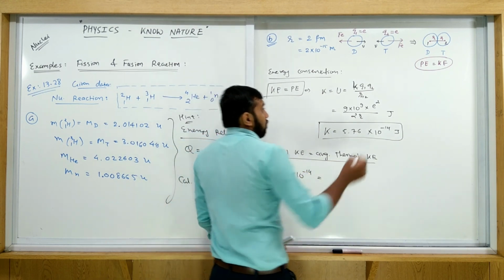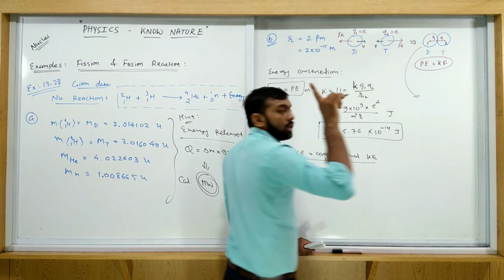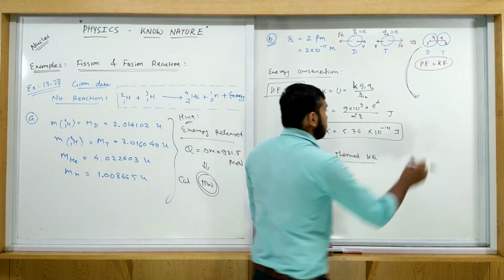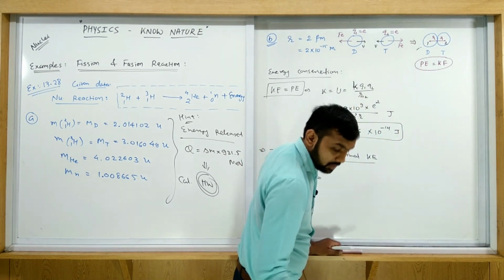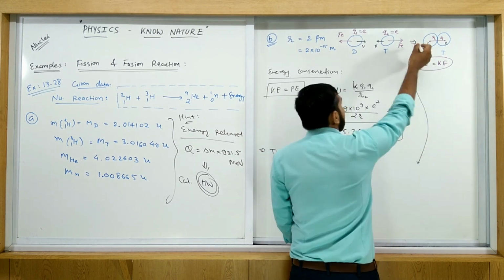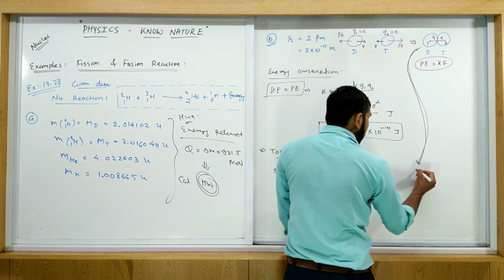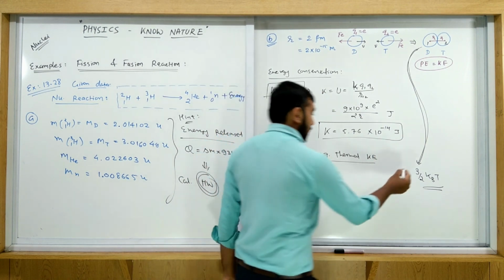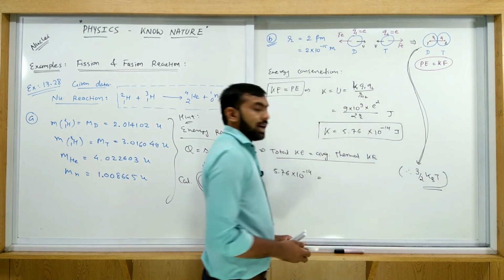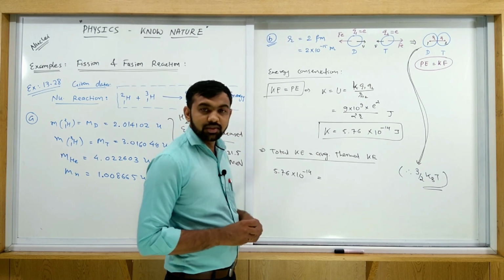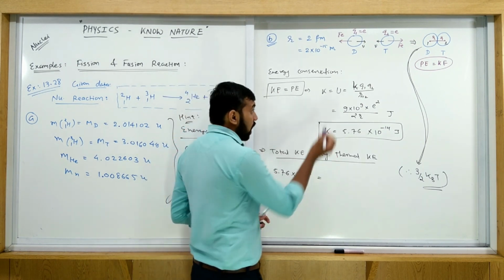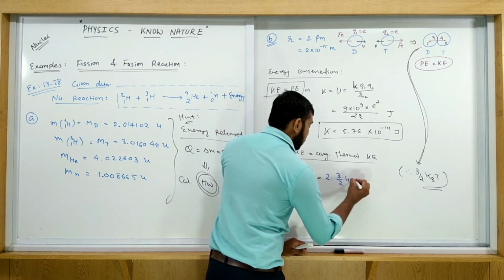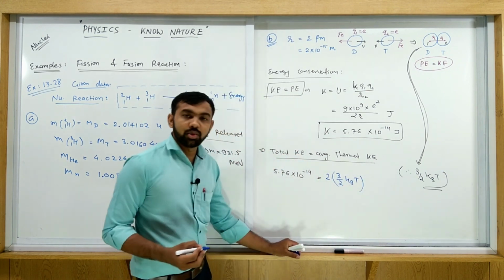For one particle, what is the energy? 3 by 2 kBT, as we studied in 11th standard, called thermal kinetic energy. There are 2 particles, so it is 2 into 3 by 2 kBT, where kB is the Boltzmann constant.